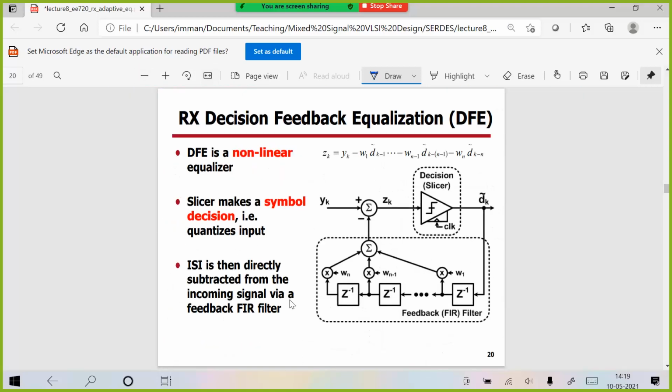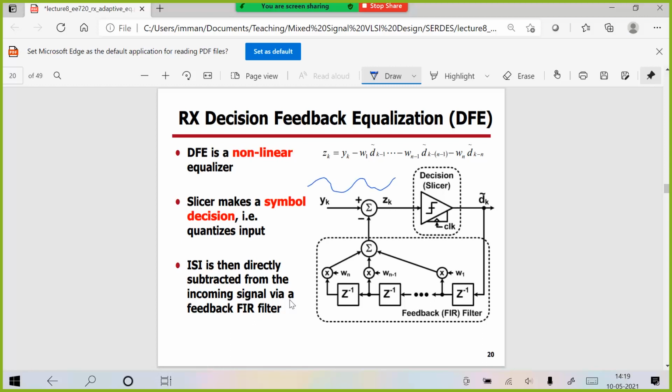Now, decision feedback equalization is a very popular thing, it's very widely used, in fact, and it's a very powerful tool. And the way it works is like this. See, here you have some kind of signal coming in, right? Now forget the feedback loop.